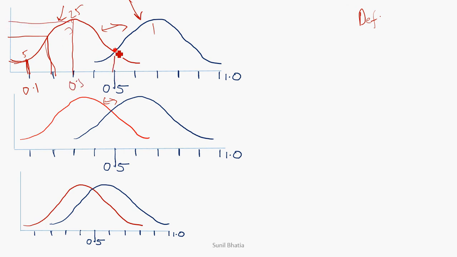And here let's say we have 10 people at 0.5 probability, then 5 of them are going to default and 5 of them are not going to default. Similarly, at 0.7 probability, there are 25 people, and the system says all of them will default, and so on and so forth.